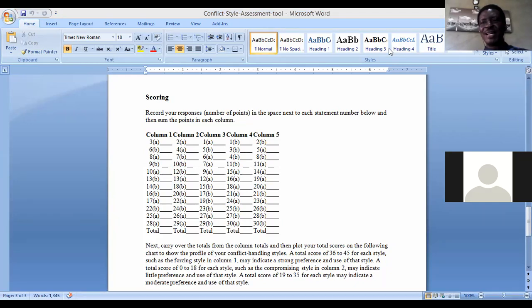Okay, by now we should begin to total our scores in the column provided at the scoring sheet.